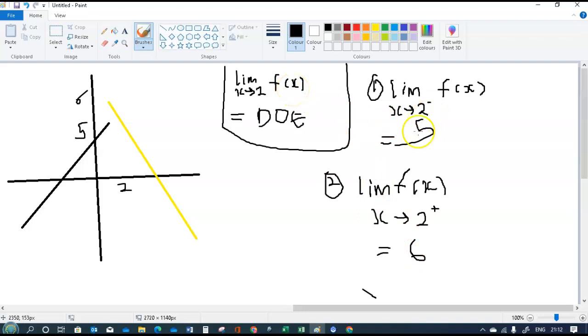If we got 6 and 6, the answer would be 6. So again, the problem is that this limit is not equal to this limit. By definition, if the left and right limits are not equal, the limit does not exist for the function. Your final answer is that the limit does not exist. But if you did this and got the same answer, then you're fine.